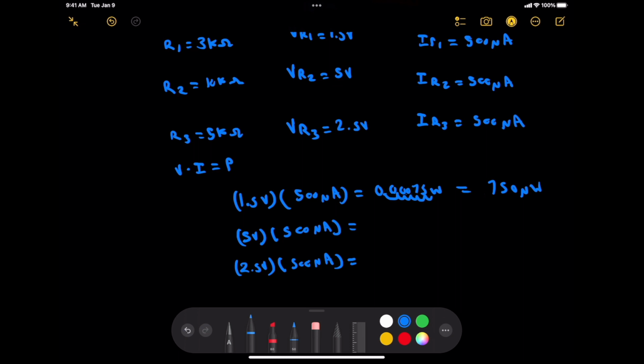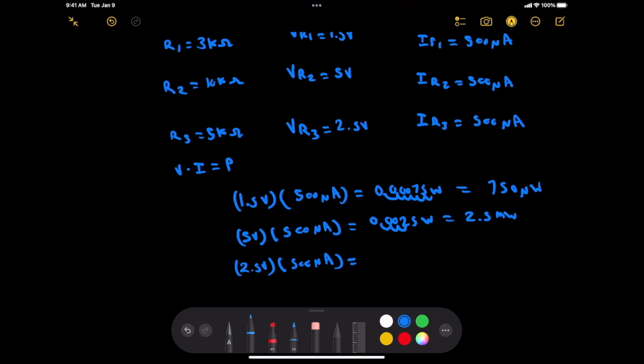So going to the next one, we're going to take 5 volts and multiply it by 500 microamps, and that's going to give us 0.0025 watts, or 2.5 milliwatts. All right.